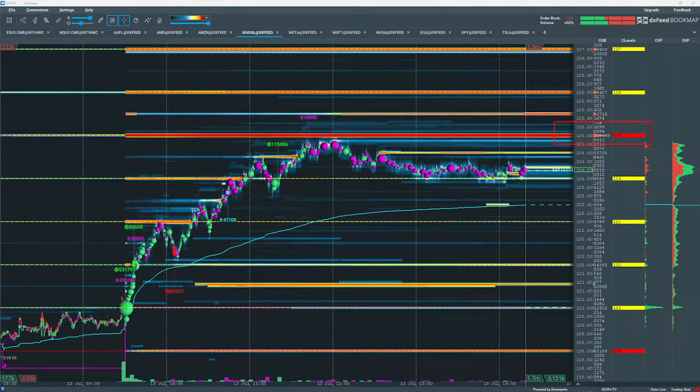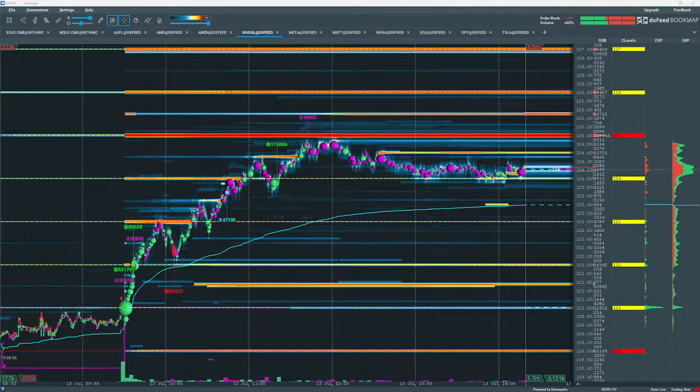And note there was some liquidity in the order book at 125 before the cash open, and at the cash open at 9:30, a lot of sell orders come in, and those large sell orders tend to attract price. So great price target there for Google at 125 as traders are buying calls and moving price up to that level.